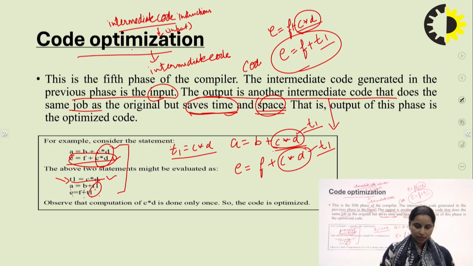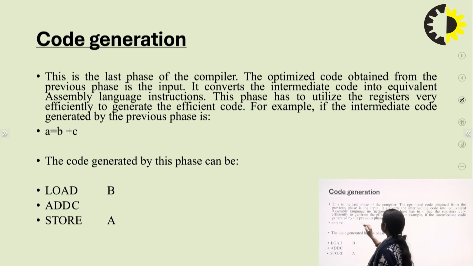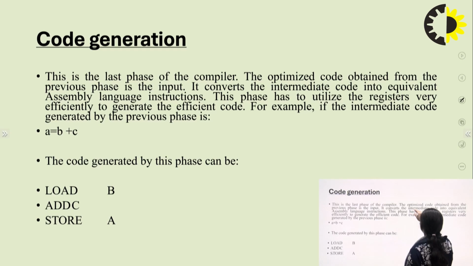Let's move to the next thing, that is code generation. This is the last phase, the sixth phase of the compiler. The optimized code from the previous phase is the input.